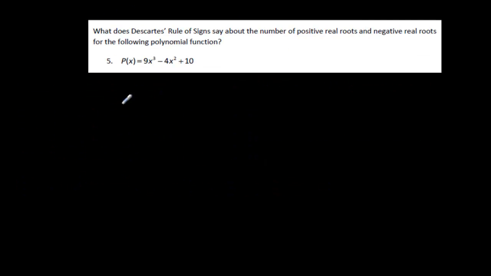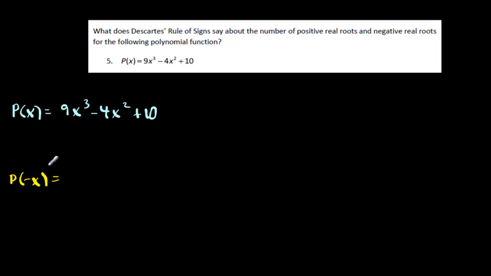Number 5. What does Descartes' rule of signs say about the positive real roots and negative real roots of this? Alright, so what I typically do is I write down what p of x is, and then I write down what p of the opposite of x is. And when you do that, basically you change the sign for any odd numbered term.